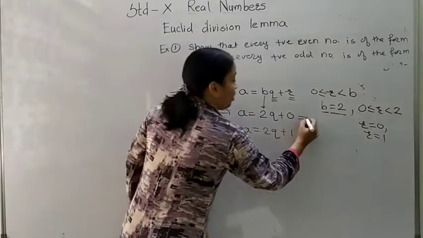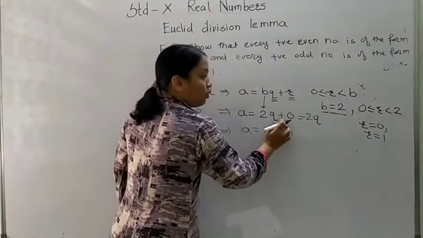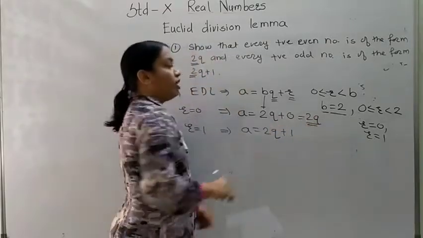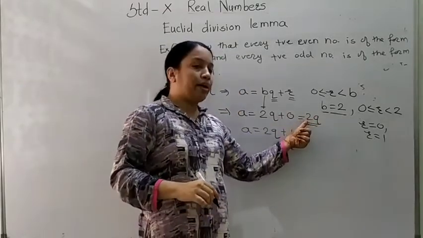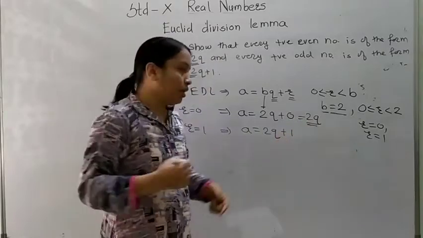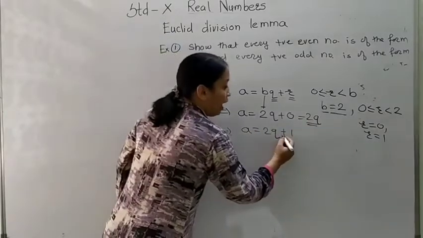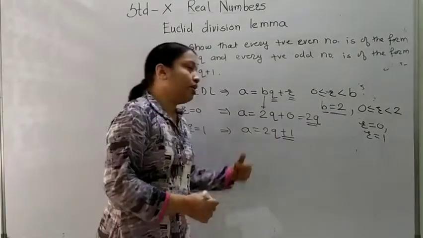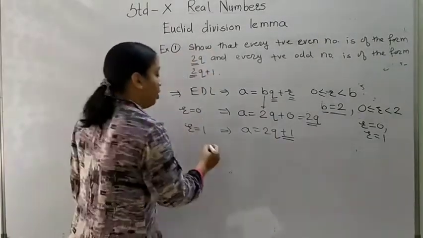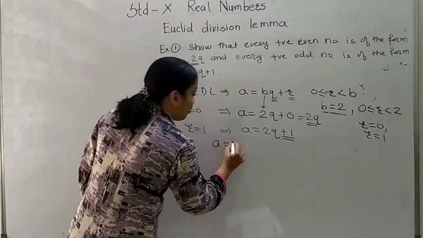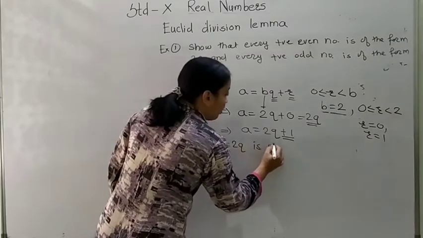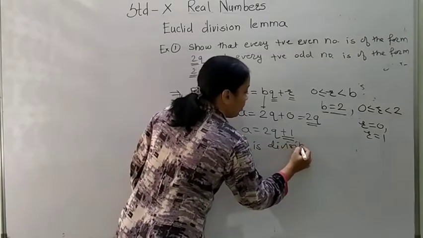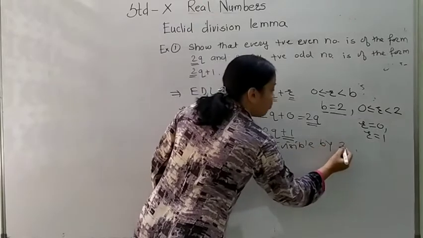Now you know that 2q, any integer multiplied by 2, is always an even number, and if we add 1 to the even number, it is always of the form of an odd number, and that is what we want to prove. So a is equal to 2q is divisible by 2 for any integer.